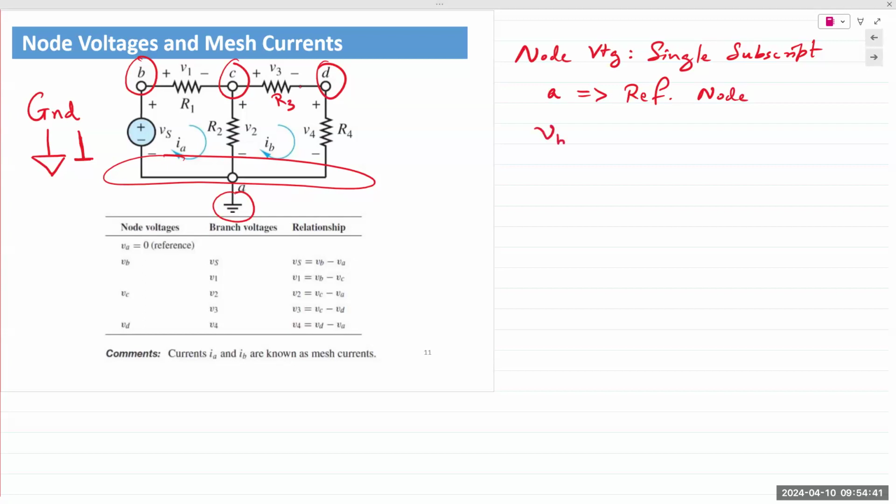So VB in this case means I'm measuring voltage at B with my reference at A. That A is implied. This is a very important concept for students to understand. The A is implied. And because we choose this as a reference node, for the purposes of analysis, VA would be equal to 0 volts.